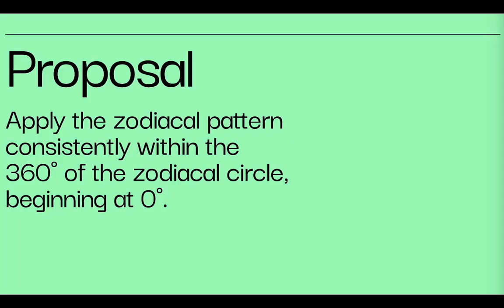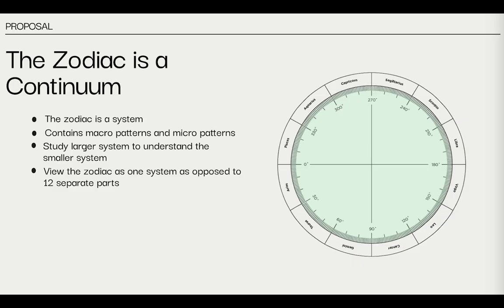So my proposal to fix the degree theory is to apply the zodiacal pattern consistently within the 360 degrees of the zodiacal circle, beginning at 0 degrees. But also, I think what would help to understand my proposal is to convert the zodiac into 360 degrees so that we can think of the zodiac as more of a continuous spectrum or waveform rather than separate rigid chunks.